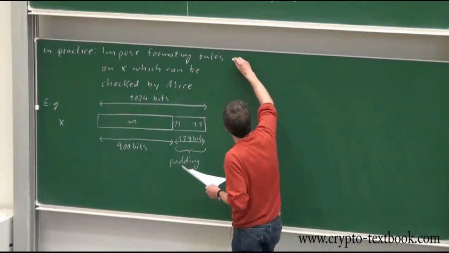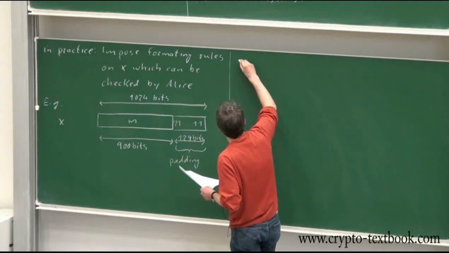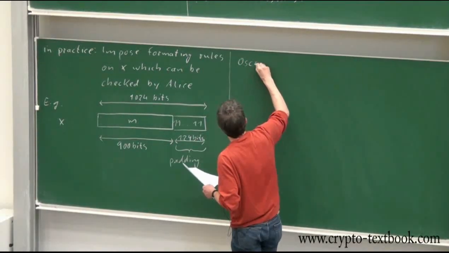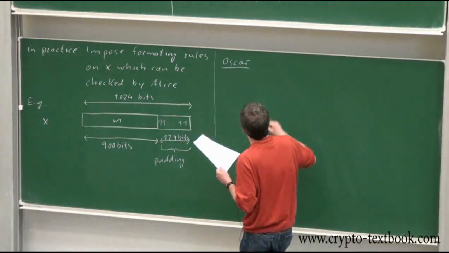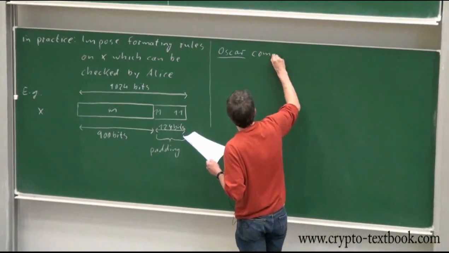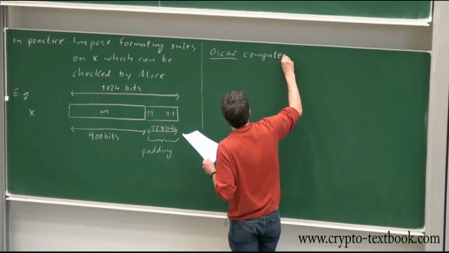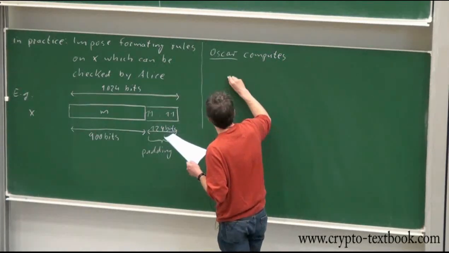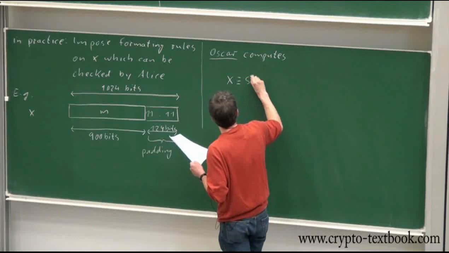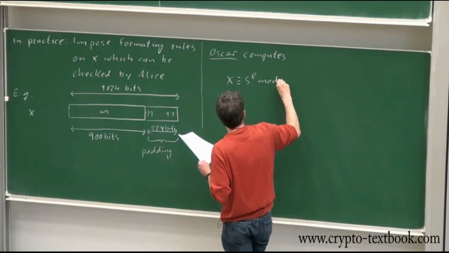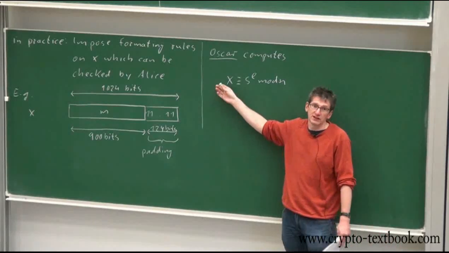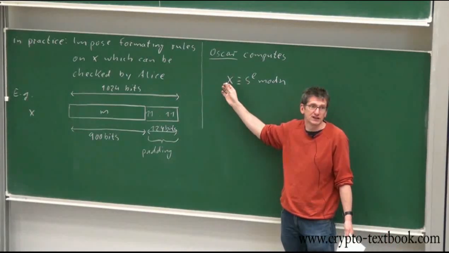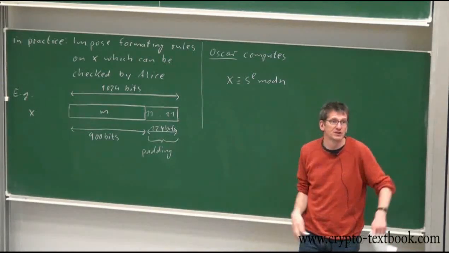Now, if this is a formatting rule, Oscar has the following problem. Oscar computes S to the E mod n, and he essentially gets random values out here, X. You know, there are random 1024-bit values here.